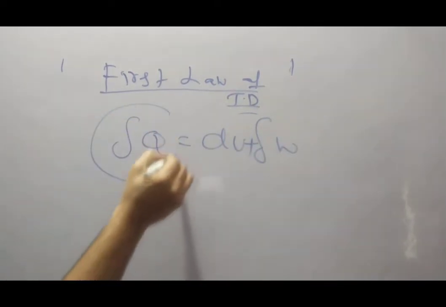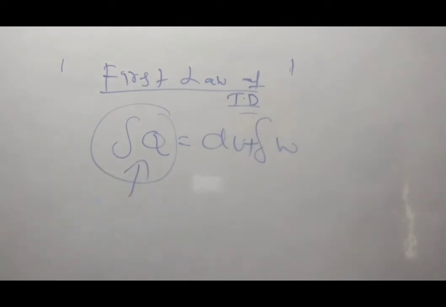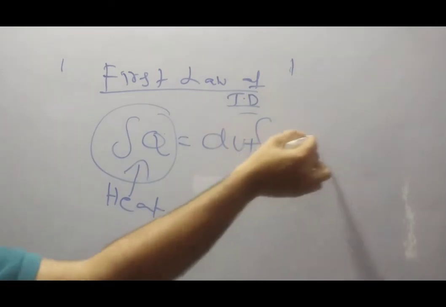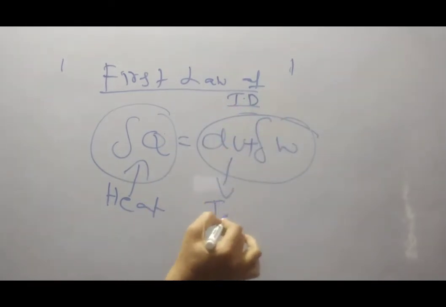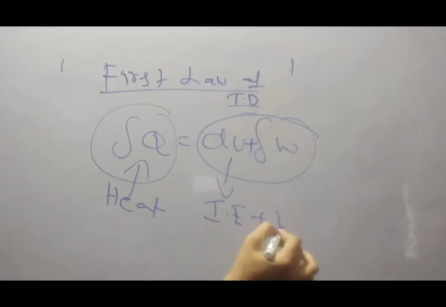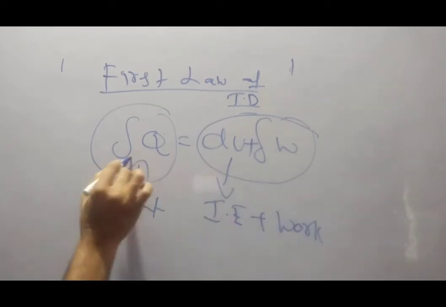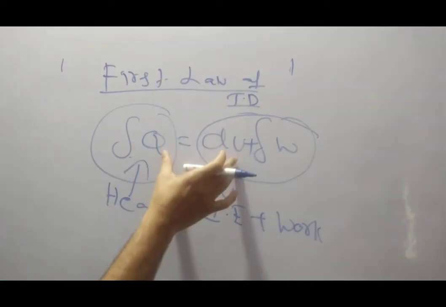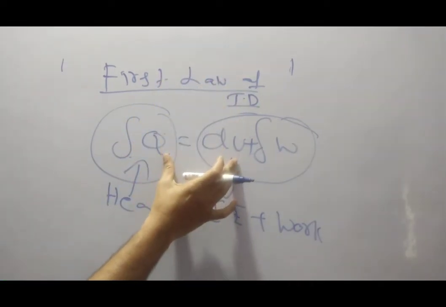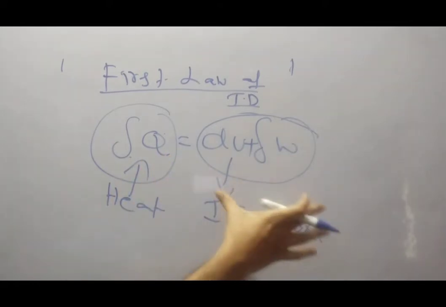So here delta Q is one form of energy, heat energy. This heat energy you are converting to internal energy plus work energy. So this is nothing but your law of conservation of energy. So your first law of thermodynamics is nothing but the law of conservation of energy only. One form of energy converted to another form.